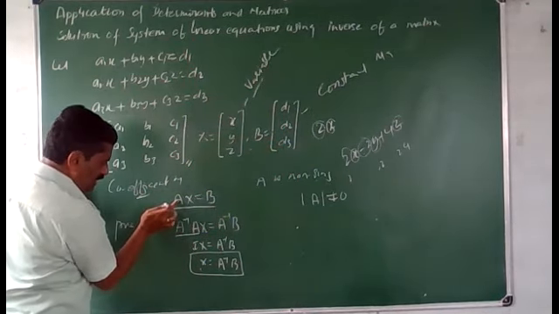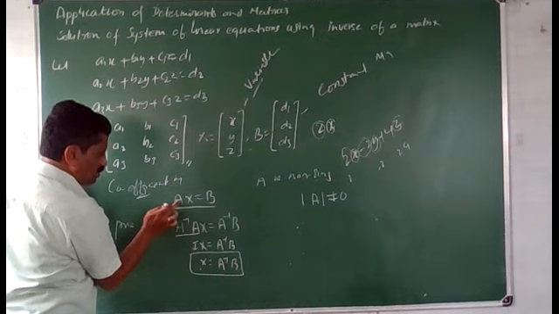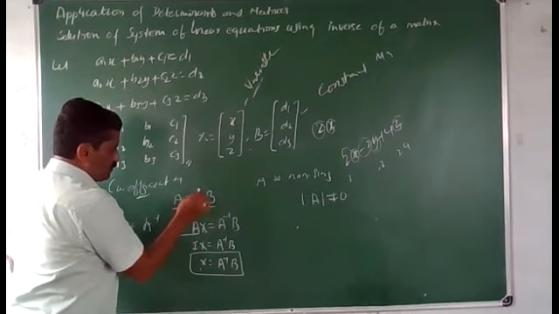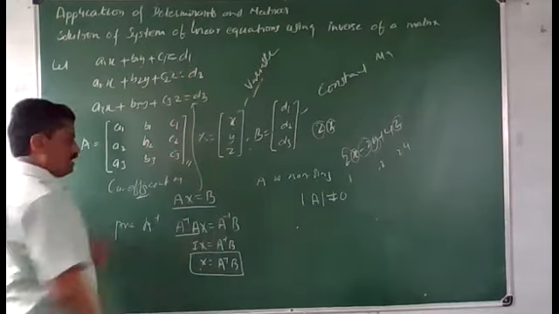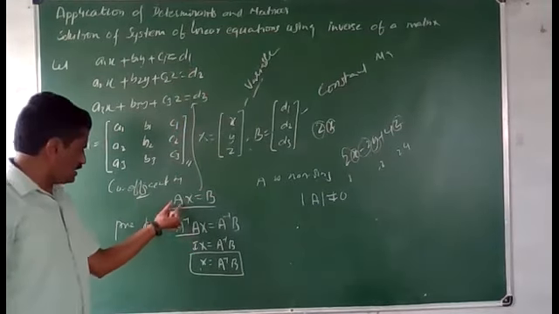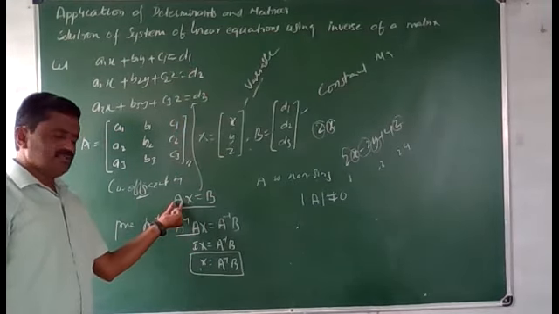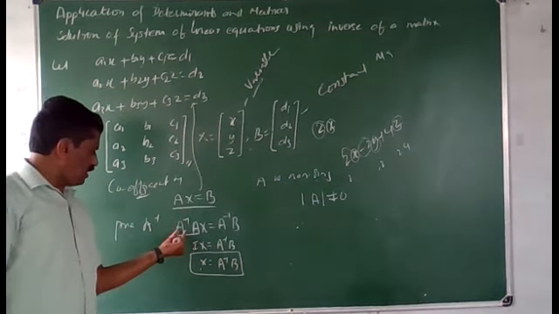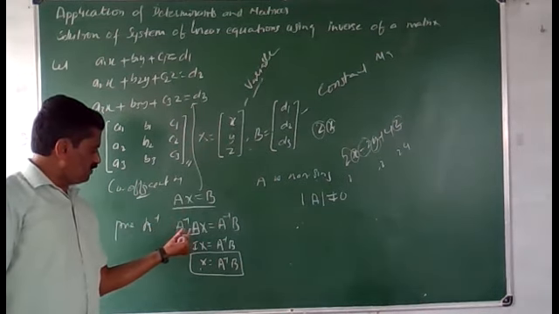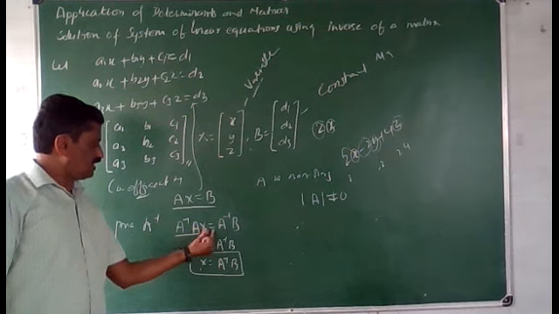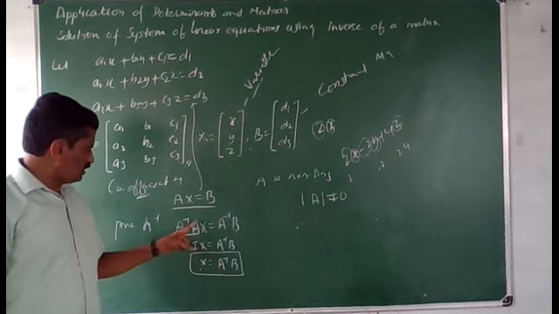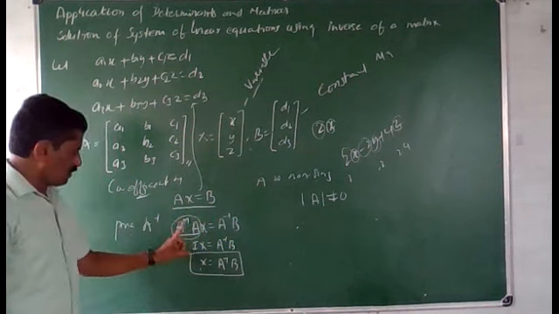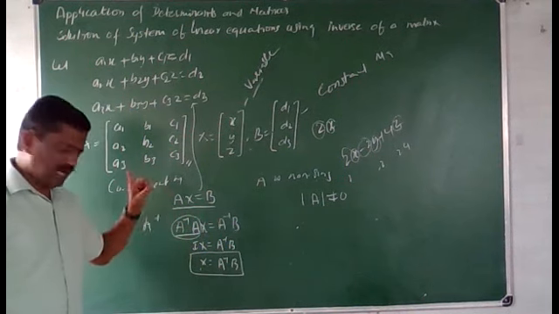If you multiply the coefficient matrix A with the variable matrix equal to matrix B, then we get the same simultaneous equations. Therefore, if A is a non-singular matrix, we premultiply by A inverse: A inverse into A into X is equal to A inverse into B. Any matrix multiplied by its inverse gives the identity matrix.